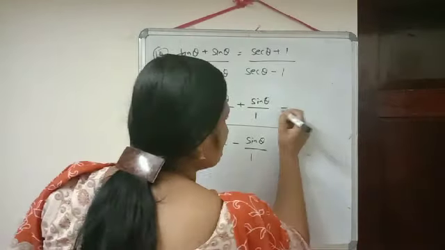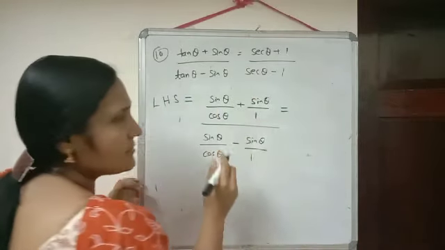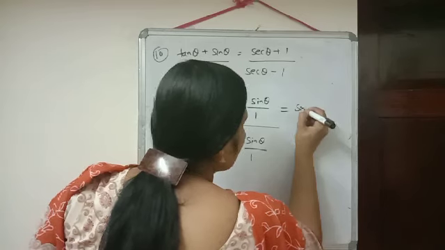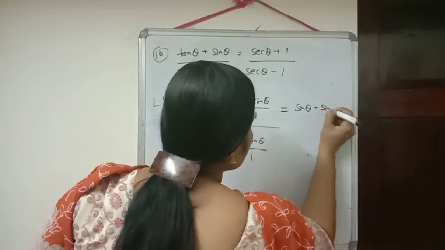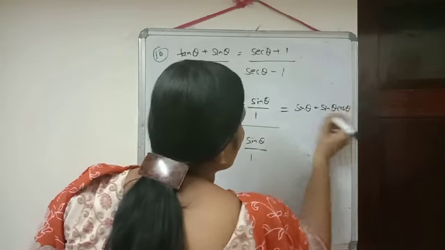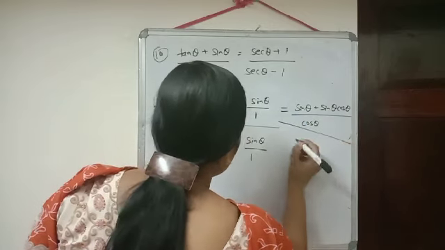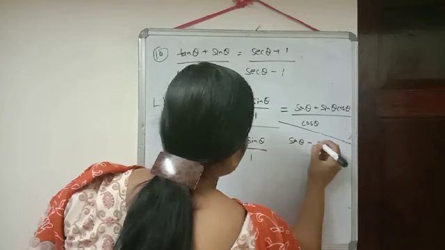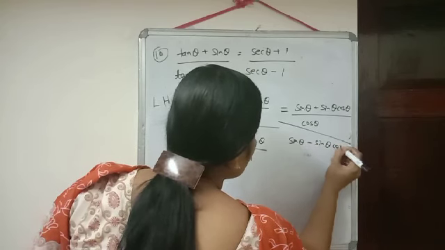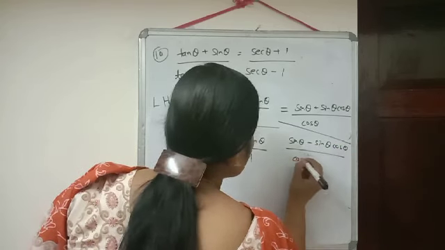So normally what will students do? They will do the cross multiplication. Then it will come (sin theta plus sin theta cos theta) by cos theta, whole divided by (sin theta minus sin theta cos theta) by cos theta.